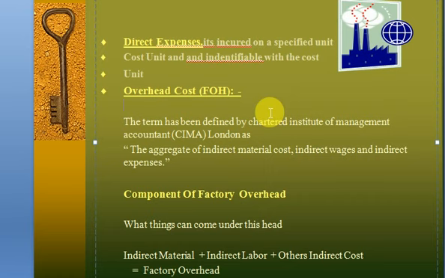Similarly, hiring particular tools, fees paid to consultants. We have some problems, and we hire consultants for advice. So the payment that should be made to those consultants will be calculated as direct cost or direct expenses.